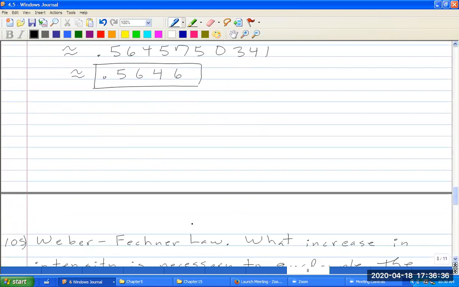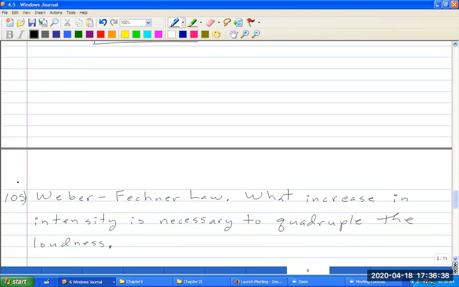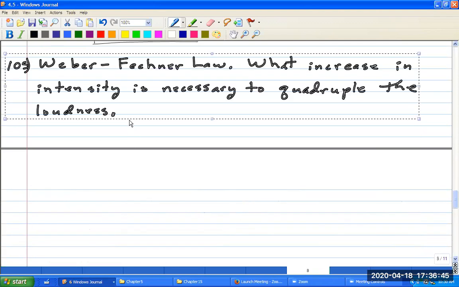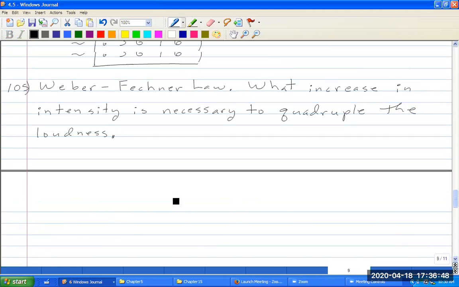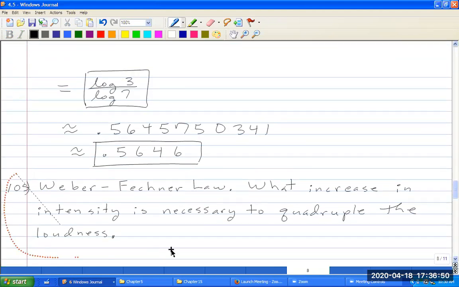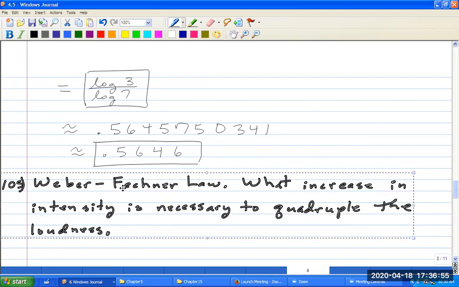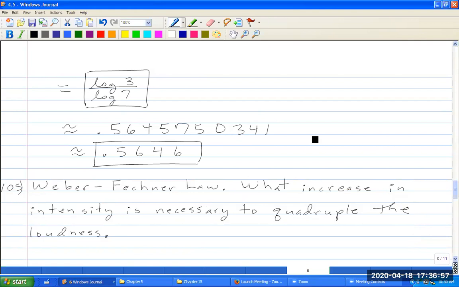Let me do 105. So let me do problem number 105. Weber-Fechner law. What increase in intensity is necessary to quadruple the loudness?